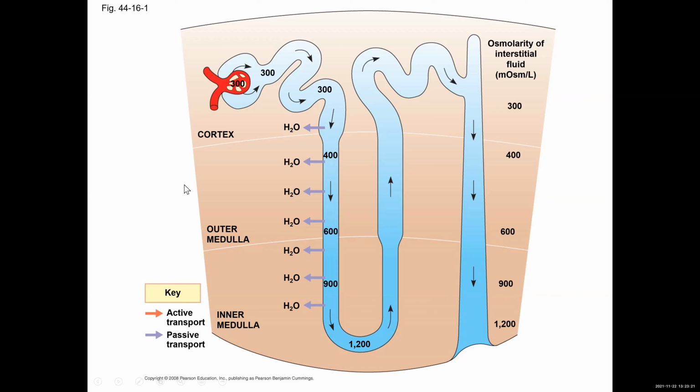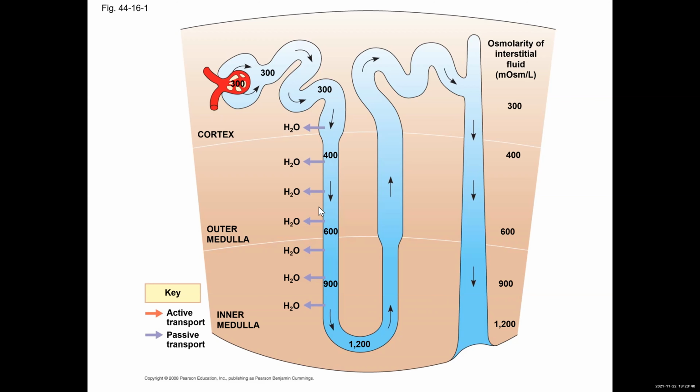We start with a concentration of solutes of about 300 milliosmoles per liter in the plasma and in the filtrate. That concentration doesn't change too much as we go through the proximal tubule.